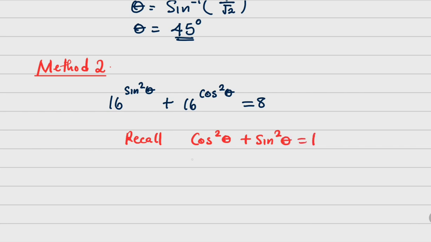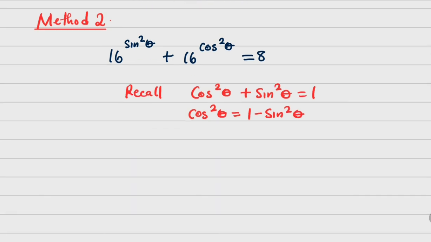So we can now say that cos square theta should be equal to 1 minus sine square theta. Then let's now substitute. Substituting, we are going to have 16 raised to power sine square theta, plus 16 raised to power 1 minus sine square theta is equal to 8.